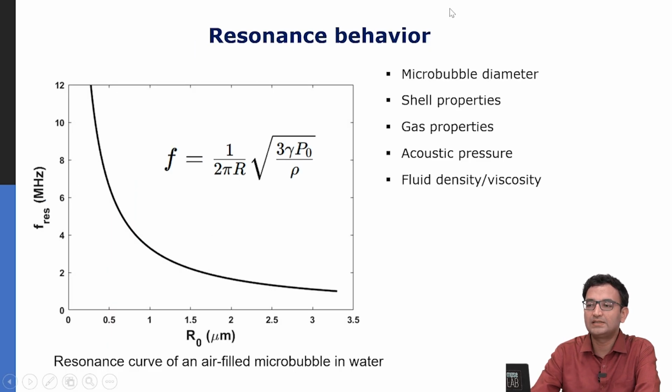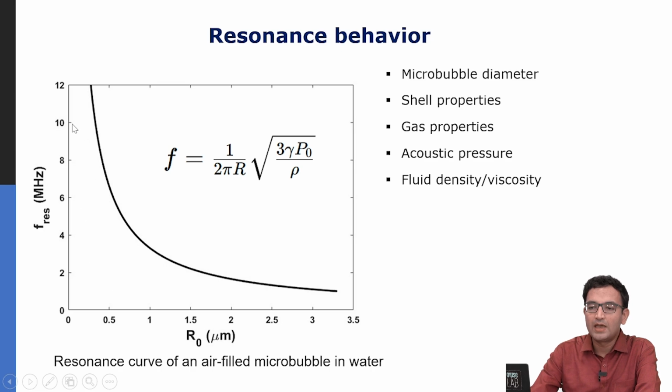Now let us discuss the resonance behavior of these microbubbles. As you can see here, I have plotted the linearized resonant frequency of these microbubbles. On the x-axis is the radius of the microbubble, and on the y-axis is the resonant frequency in megahertz. The radius is given in micrometers.